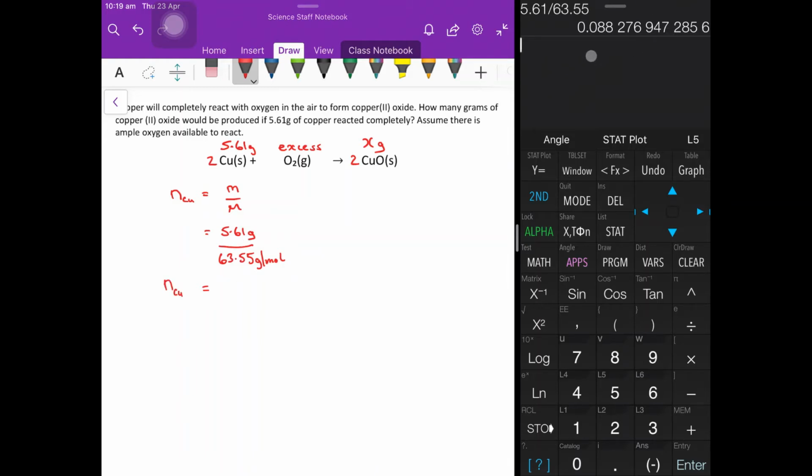So what I'm going to do, I'm going to use all of these values in my working out, but I'm only going to write some of them into my actual question. Great, so that's the number of moles of copper that I have.